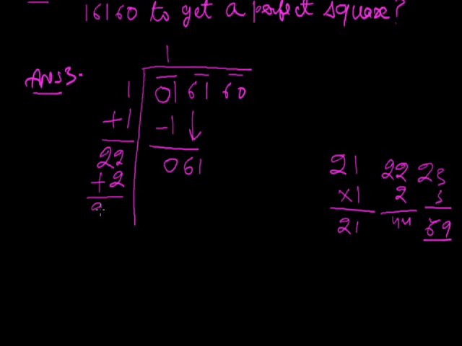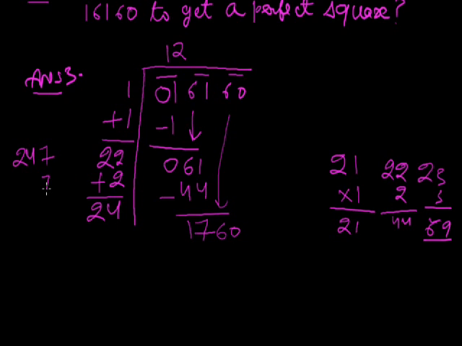Adding it, we get 24, write 2 over here, 44 subtracted, we get 17. Now take this whole pair downward, 60. Again multiply 24 with 7: 7 times 7 is 49, 4 times 7 is 28 plus 4 gives you 32, 3 and 17, 14 plus 3 gives you 1729.